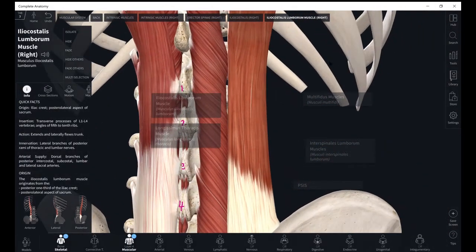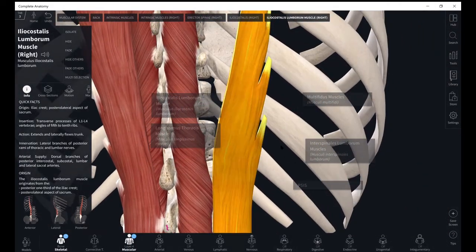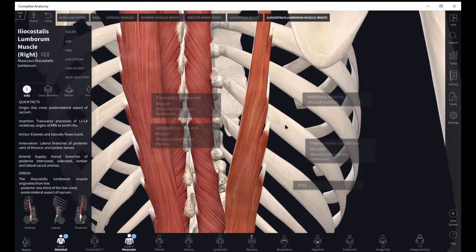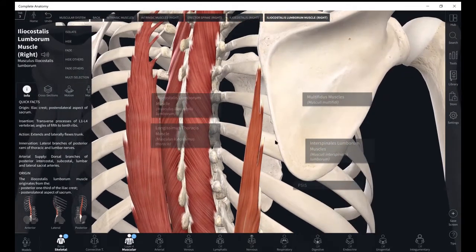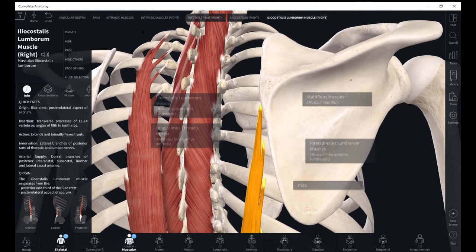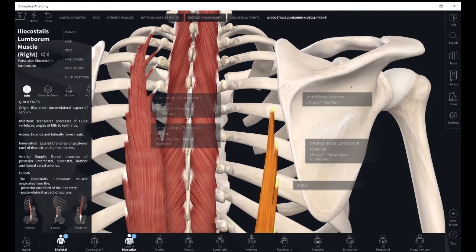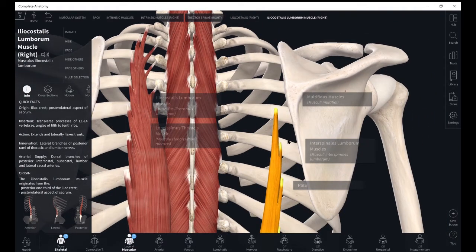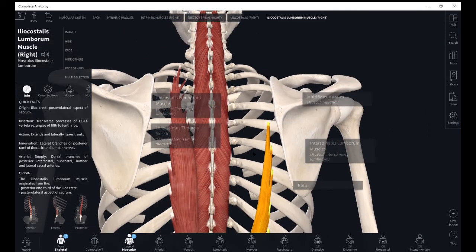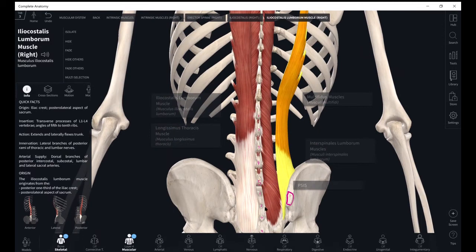And then as we get into the thoracic spine, we'll see they have their costal attachment as well. They don't travel quite as superiorly as does the longissimus, but we do also find those as a separate muscle group in the cervical spine. So we get to introduce those again in the advanced coursework.